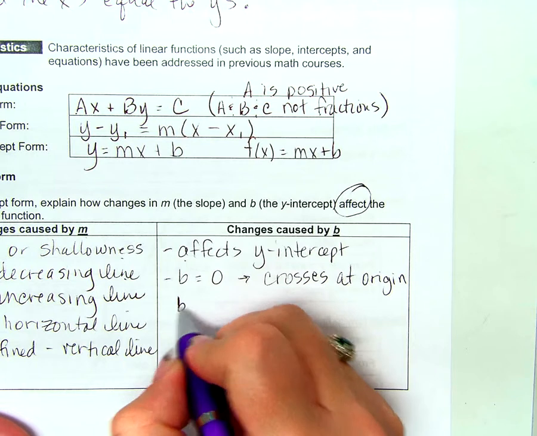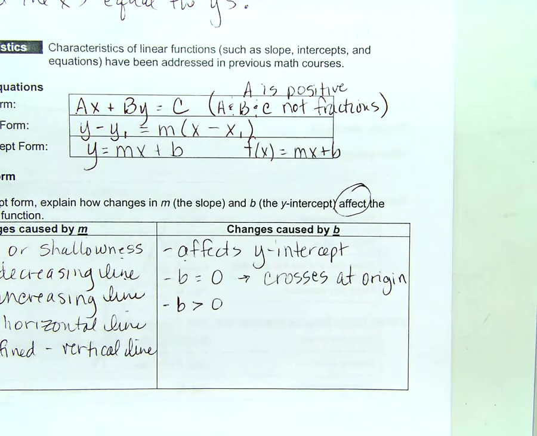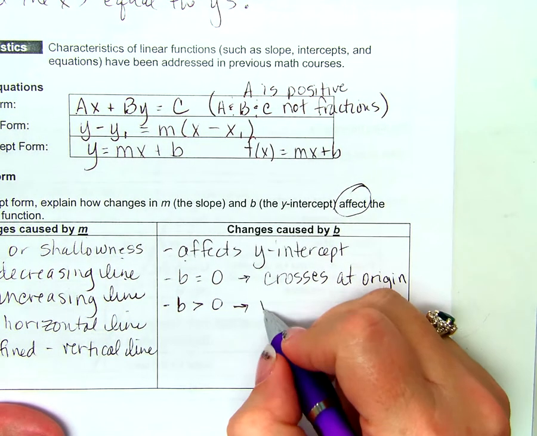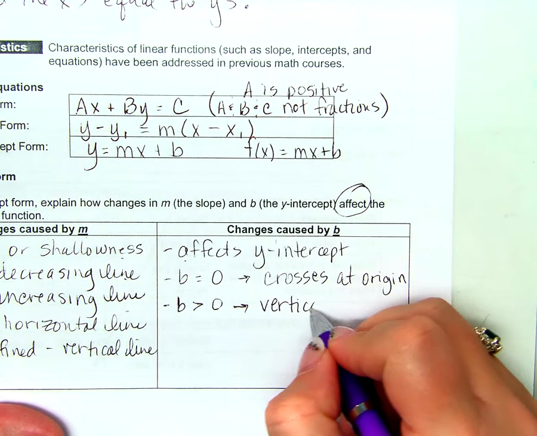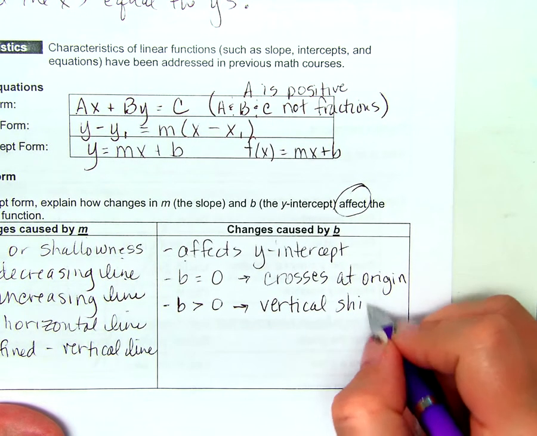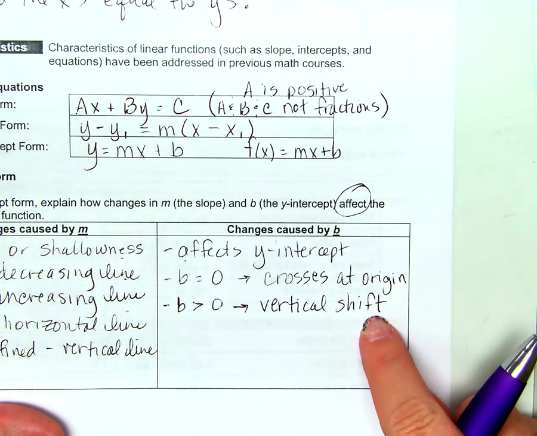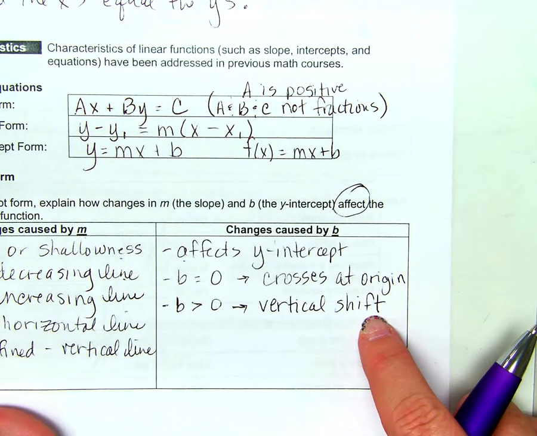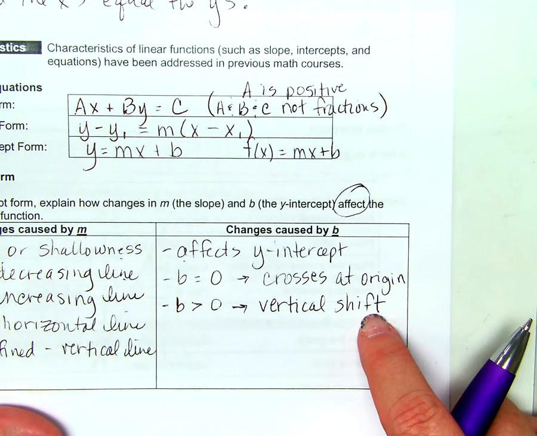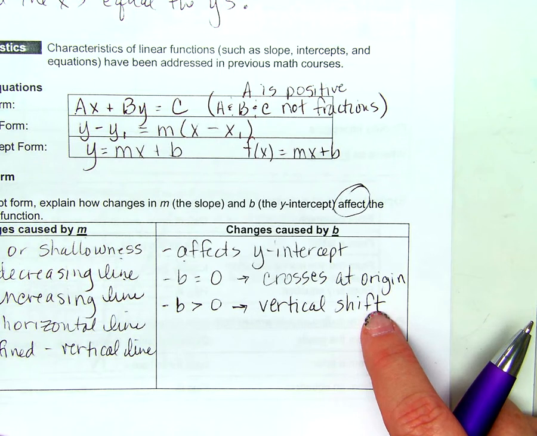What if b is greater than 0? Let's use some of our transformational words. Can we do that? So if b is greater than 0, what? Vertical shift. Okay, I know you weren't here at the beginning of the year when we talked about this, but what I need you to remember is that F's are very important in this word.